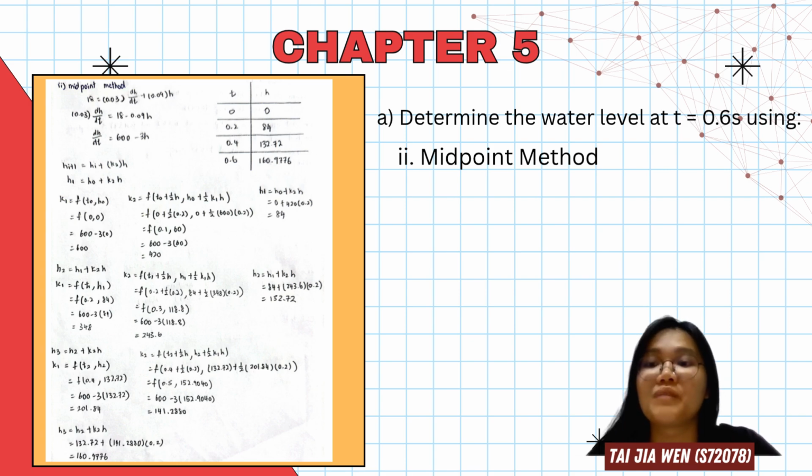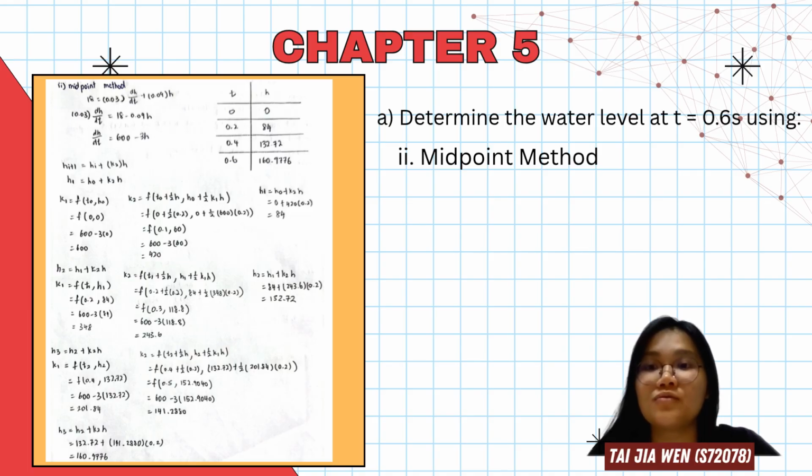So first we find k1, and the answer is equal to 600, and k2 the answer is equal to 420. So h1 is equal to h0 plus k2 delta t.